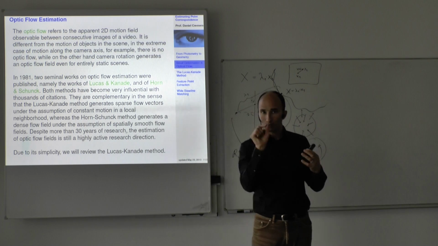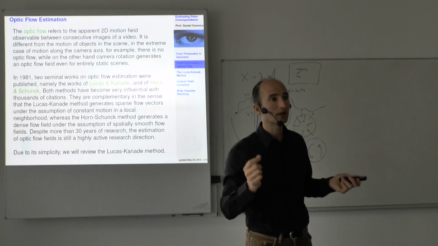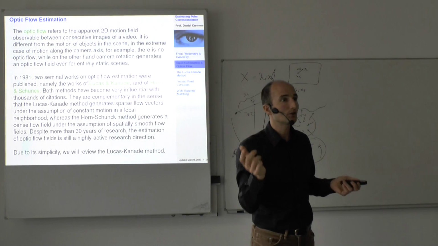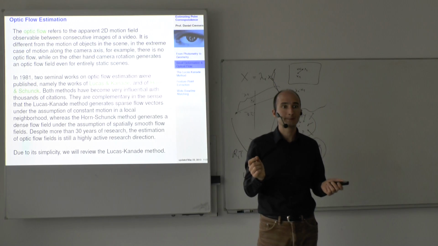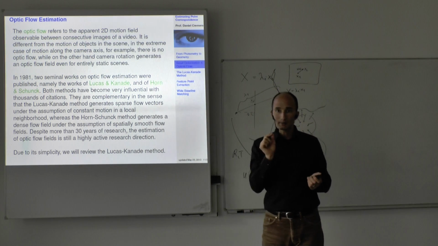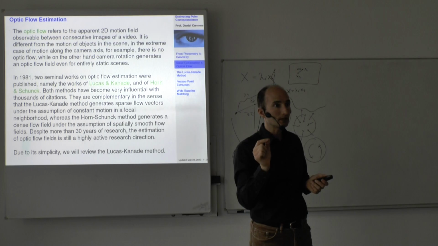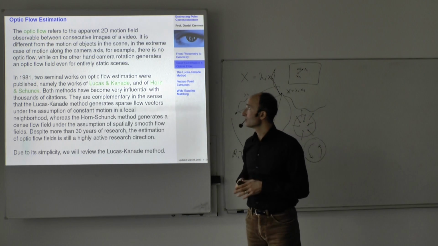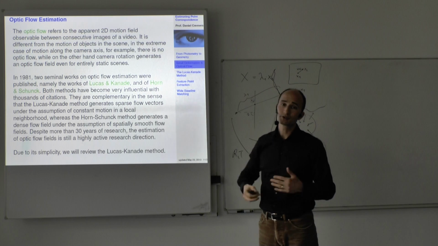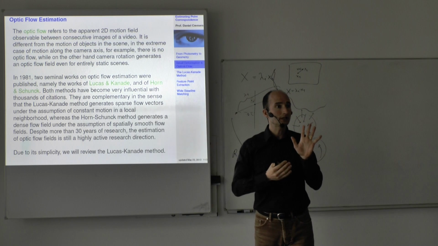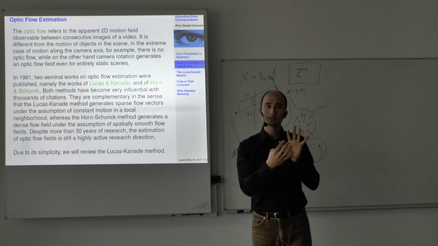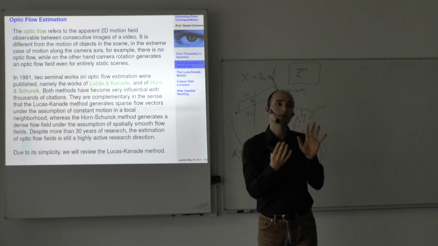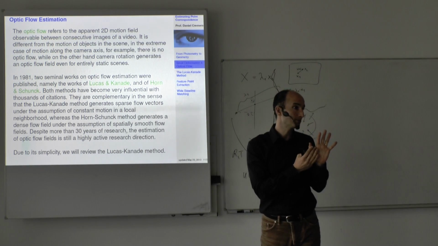So if I have a point that moves exactly toward the camera, although this point is moving, you don't see a motion in the camera. And so the apparent motion is 0, but its real motion is of course non-zero. And so the optical flow refers to that aspect of the motion field that can be seen in the image. So it's in some sense the projection of the real motion onto the image plane.